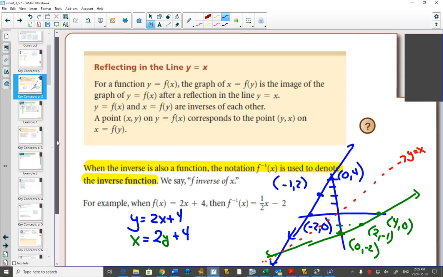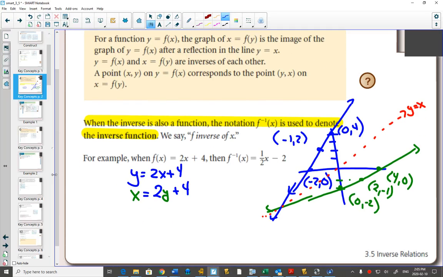So I'm going to bring the 4 over to the other side. x minus 4 equals 2y. How could I get y by itself? Divide by 2. Dividing by 2 is the same as a half there, right? Half of x minus 4, divided by 2.